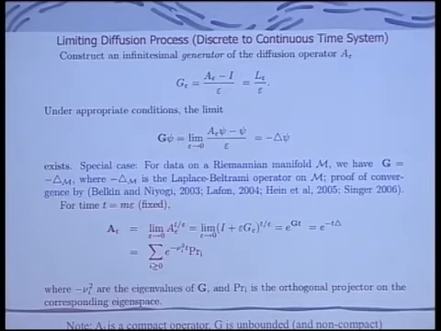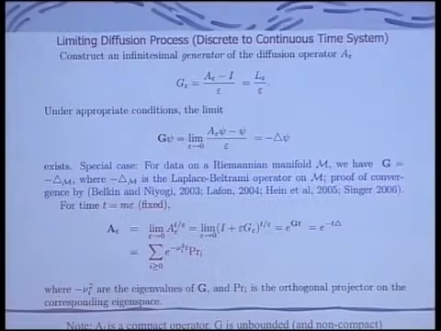So when you look at the limiting diffusion operator as epsilon goes to 0, that's just an exponential of the generator times the scale of the analysis. A special case that has been analyzed is when you have data exactly on a Riemannian manifold. In that case, the generator is just the Laplace-Beltrami operator, and several researchers, including Belkin, Lafon, Hein, and Singer, have shown that.